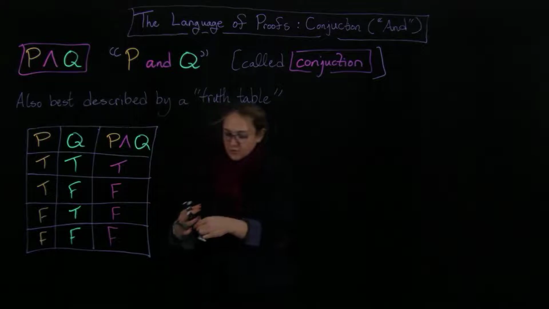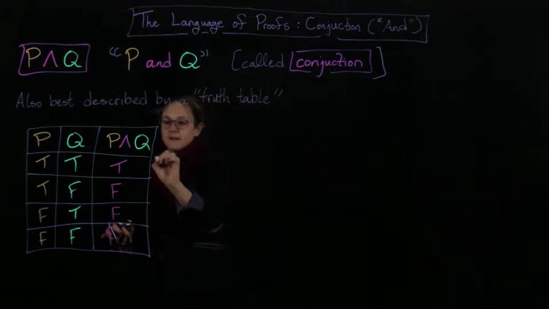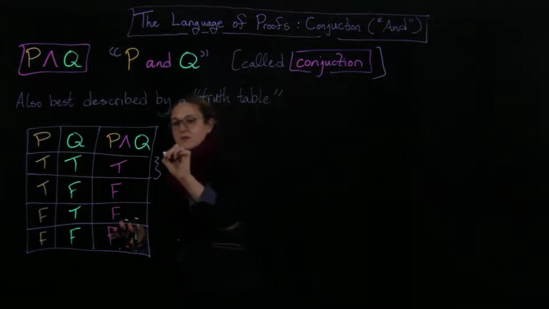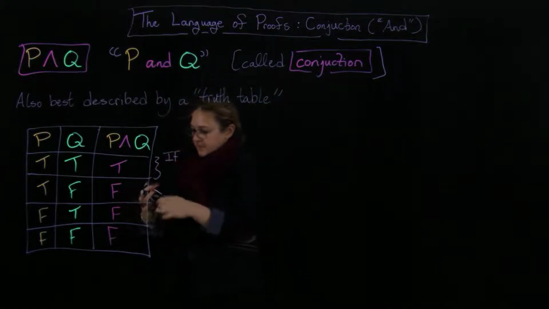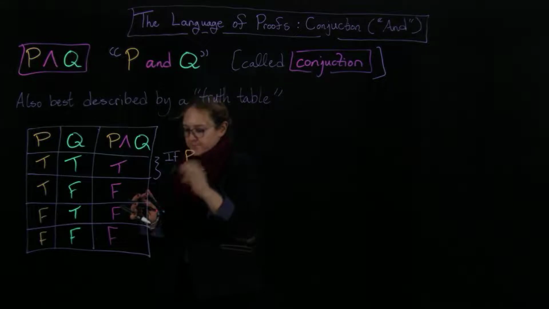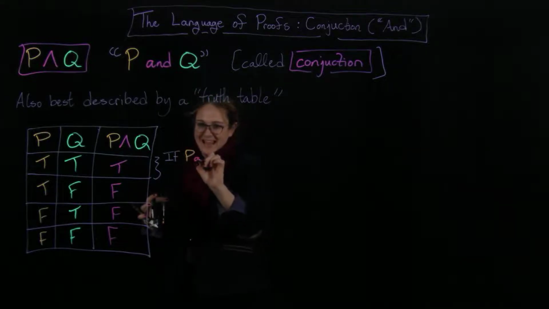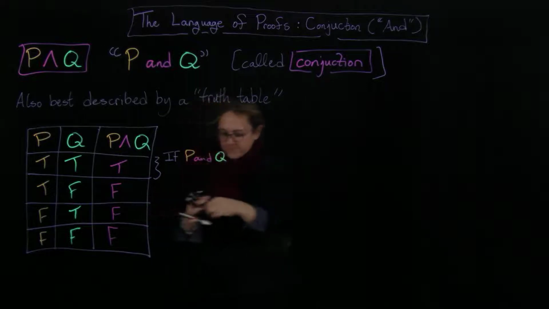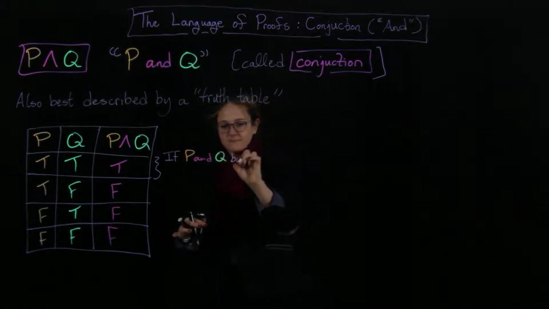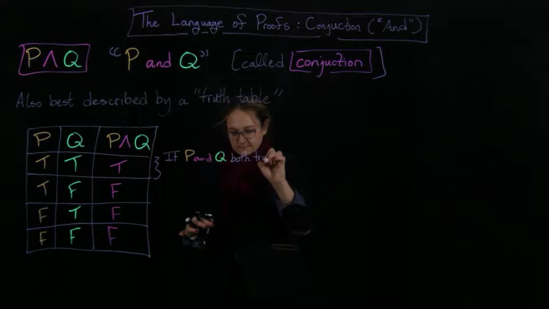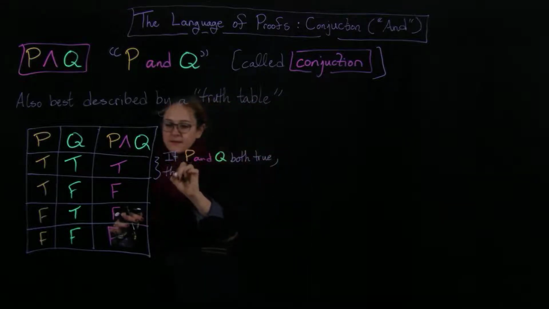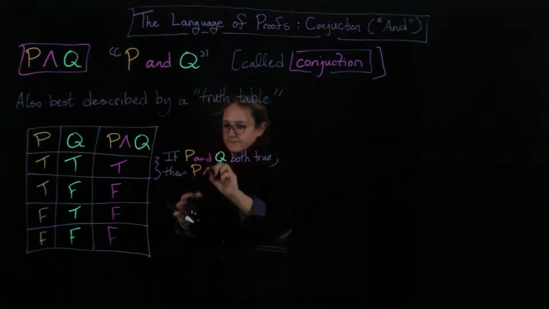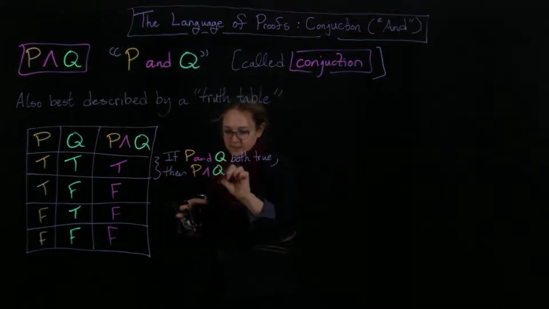So what we have going on is that if P and Q are both true, then P and Q is also going to be true.